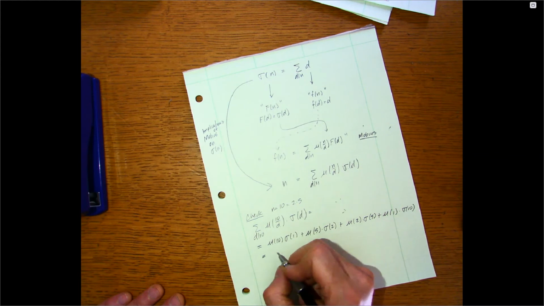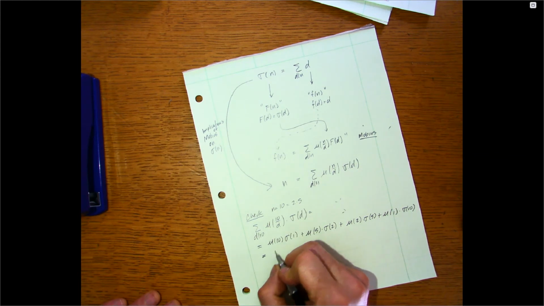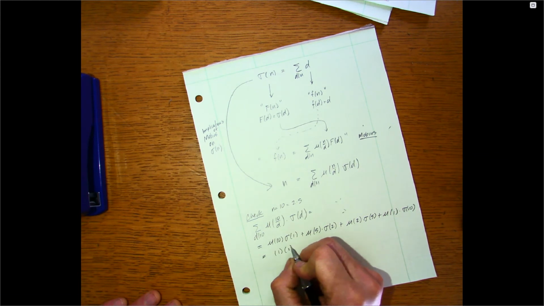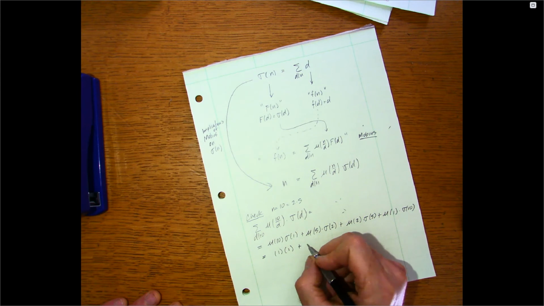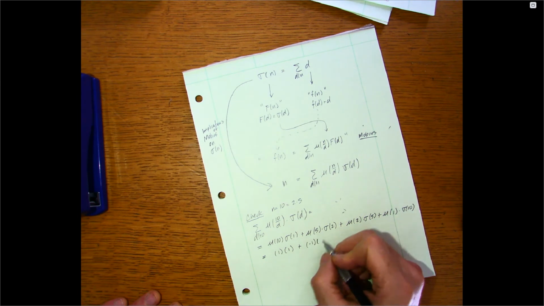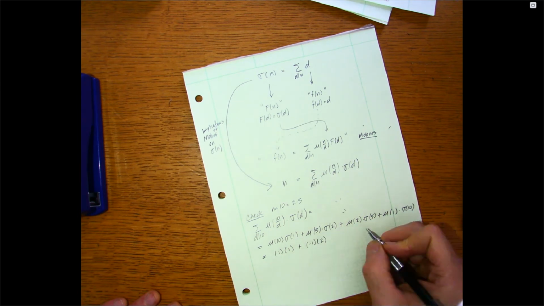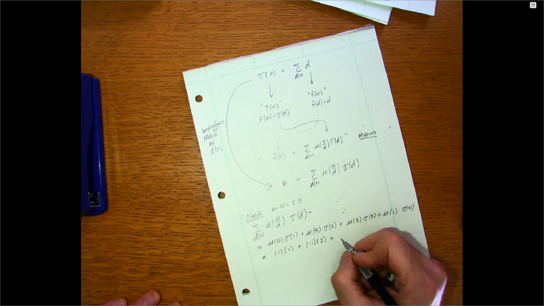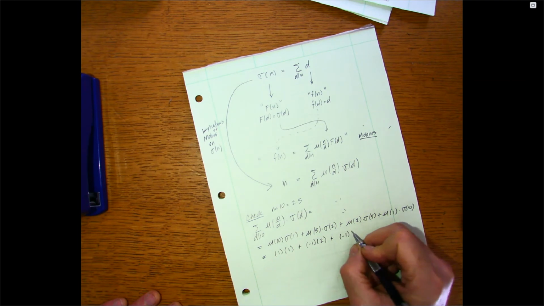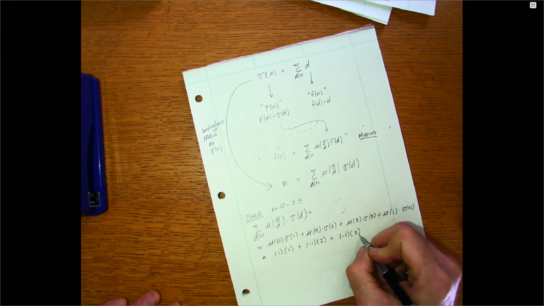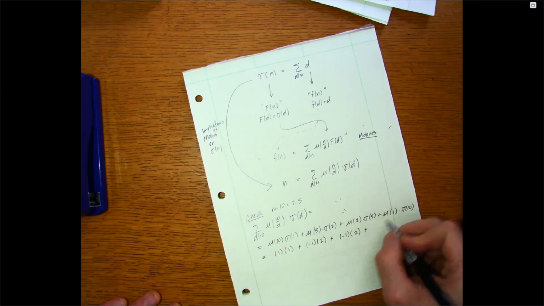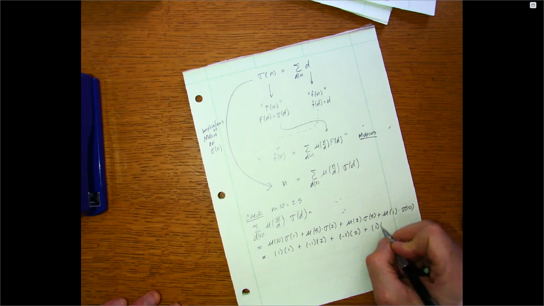Let's see, mu of 10, that's 2 times 5, so it's going to be 1 times sigma of 1, which is 1. Mu of 5 is going to be negative 1 times sigma of 2, which is 2 factors for 2. Mu of 2, that's going to be a negative 1 times sigma of 5, which is 2. Plus mu of 1, which is equal to 1 times sigma.